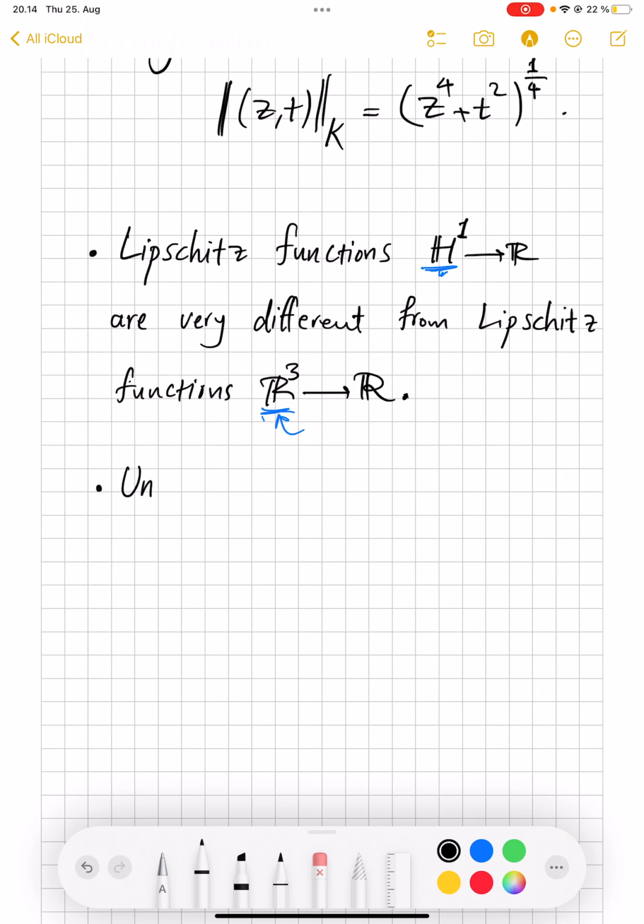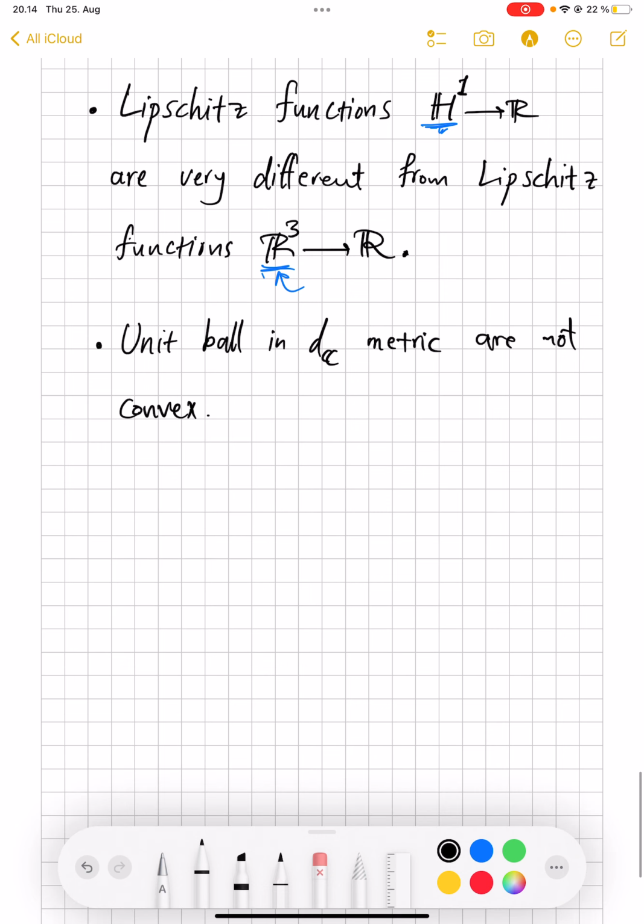The unit balls in the DCC metric are not convex. And this is very different from what happens in the Euclidean case. There are some nice pictures on the internet, but let's say this is the sphere.